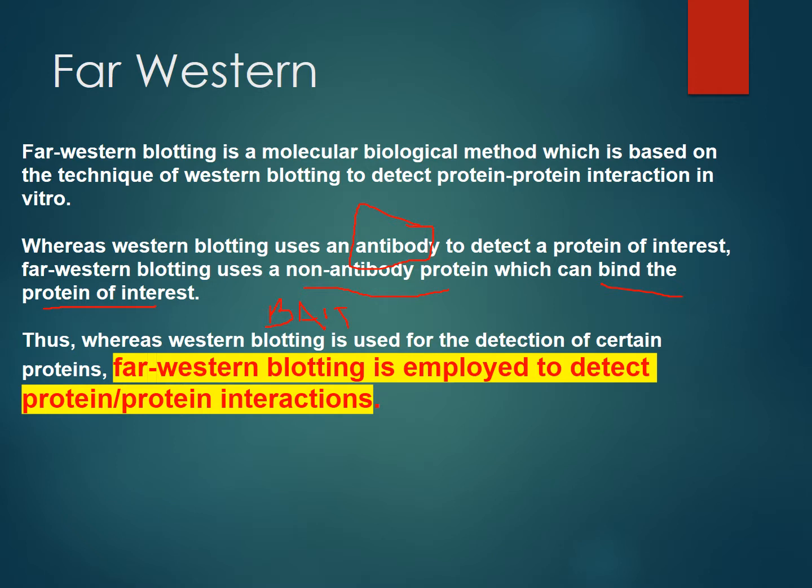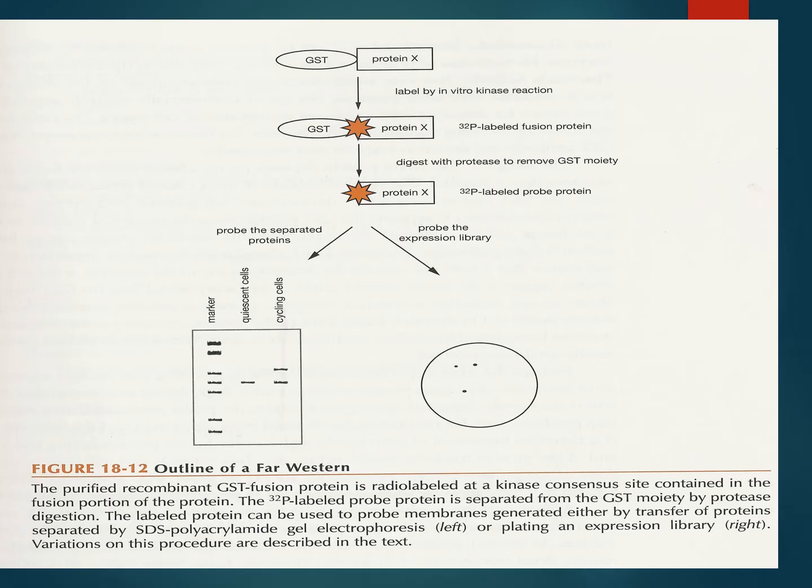Far Western will be looking at the protein-protein interactions, the bait to the prey. So again, in protein-protein interactions, there is this multi-technique approach required. So this is just another one of these techniques that one might use to further piece together or confirm two proteins do interact. So how does this work?